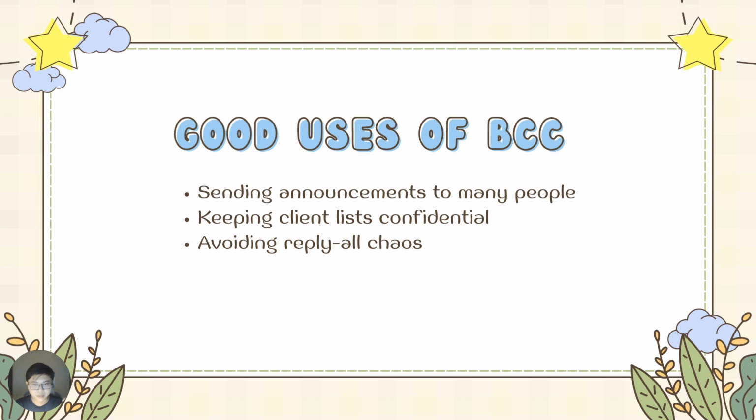That might be bad. Secondly, when you're emailing clients, you can protect their privacy. And finally, using BCC can prevent a long chain of unnecessary replies, like a reply all message.